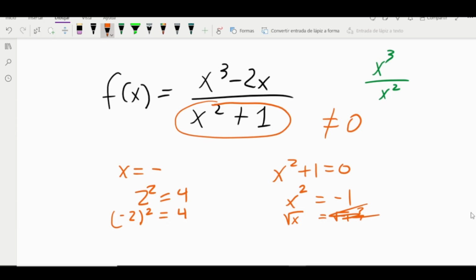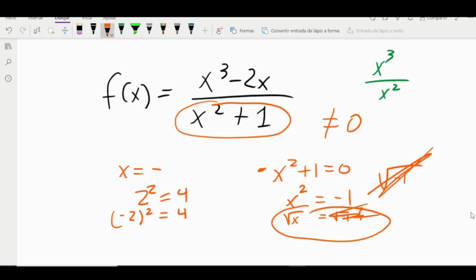So here we take x squared plus 1 equals 0, x squared equals minus 1, and check what happened, because we have minus 1, and a square root of minus 1 is not possible.